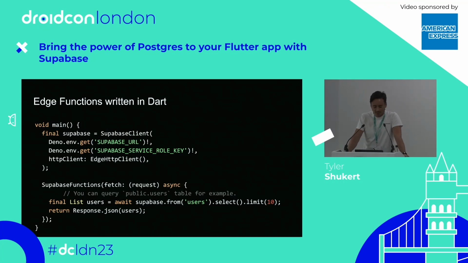So the code example you see here is an actual Dart Edge code written in Dart, and after compiling, it actually runs on our Edge functions. So you can truly develop a full stack application powered by Dart.